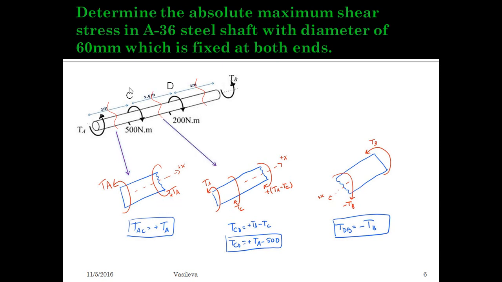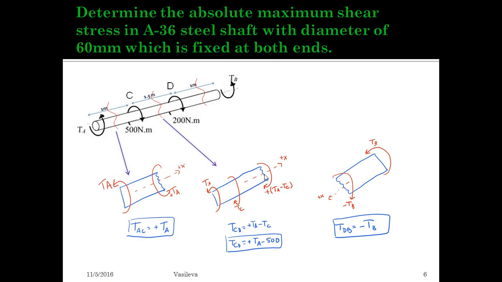Then we cut between CD and look at everything to the left. We have a TA, we have the 500 from TC, and we have to determine this unknown here.